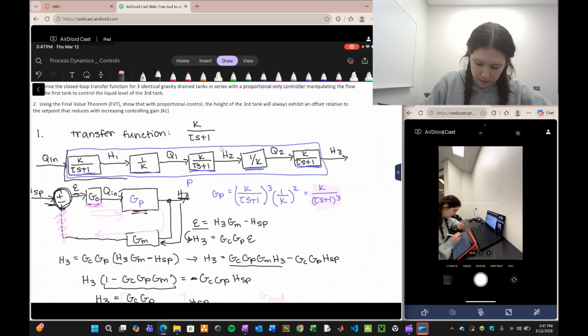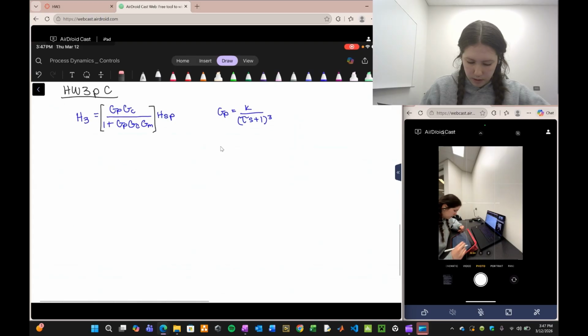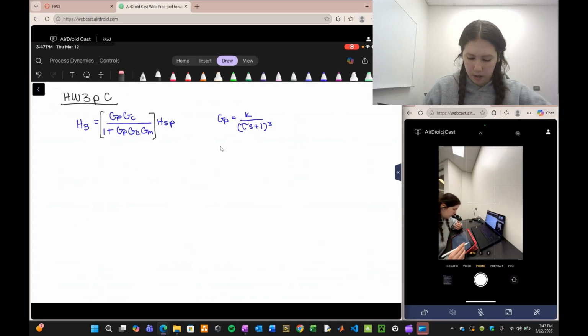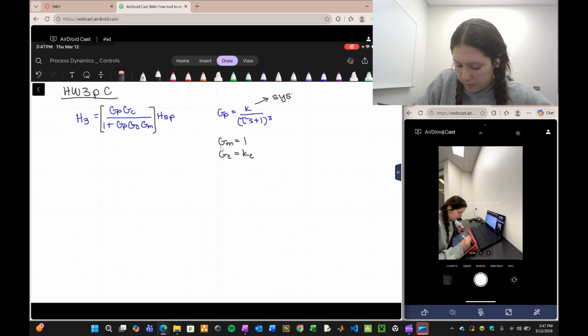And so we had our transfer function of our measurement device, GM, which is usually just 1, so we're going to define that as 1. And we're going to define GC as KC, our controller gain. And then K is our system gain, as we know from the last problem. And then tau is our time constant.